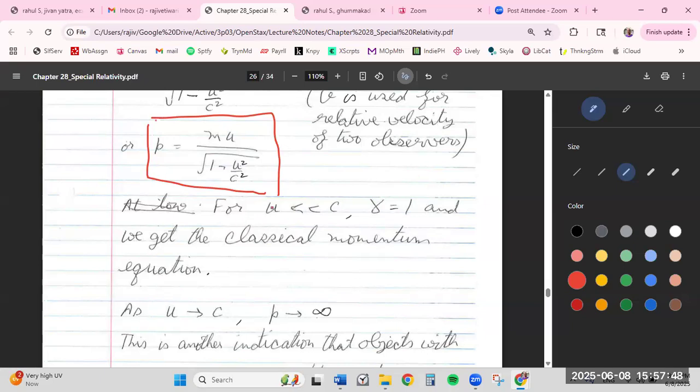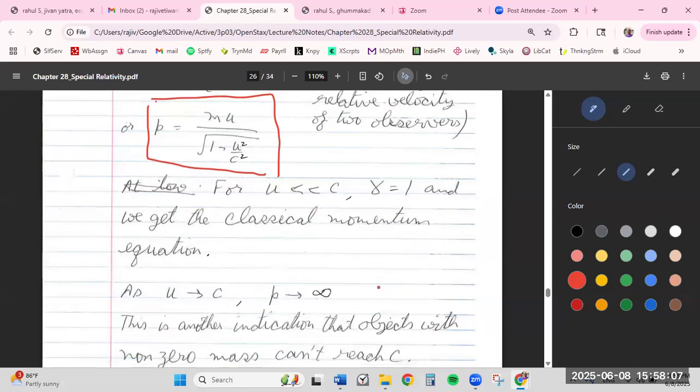So in this case also, if u is much less than c, then gamma becomes equal to 1, because the second term in the radical becomes 0. And that gives us back the equation that p equals simply m u, the classical equation for momentum.